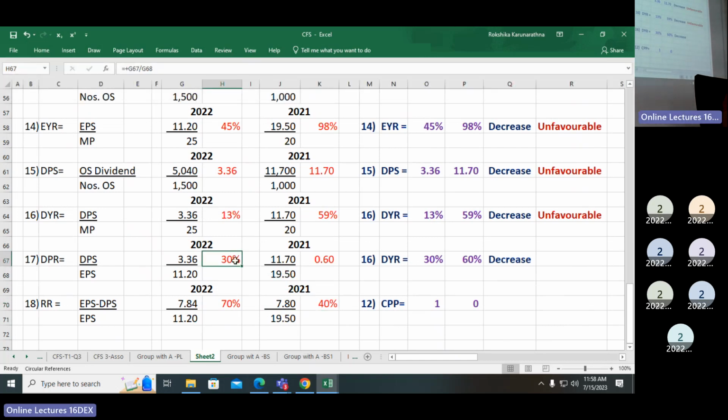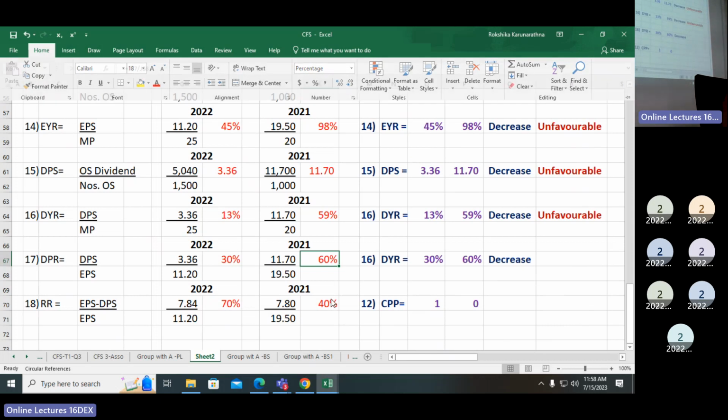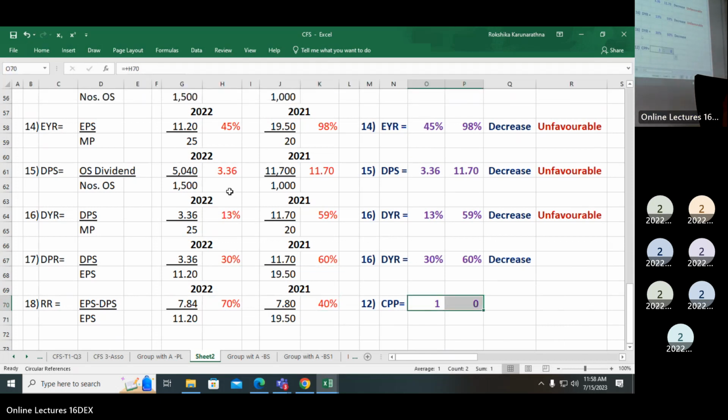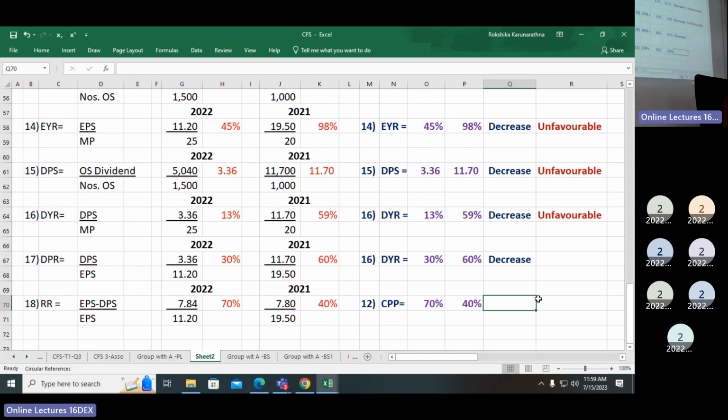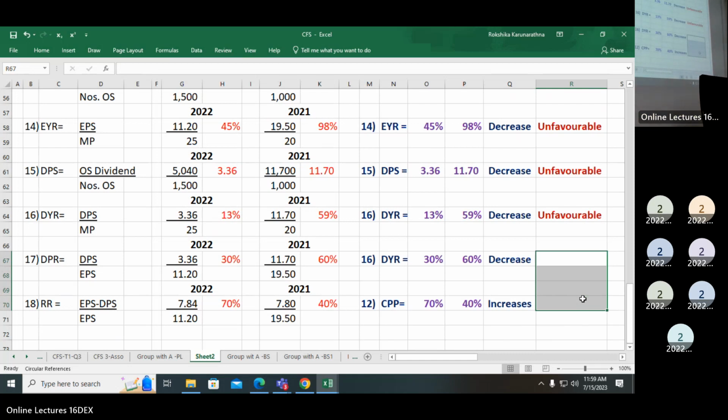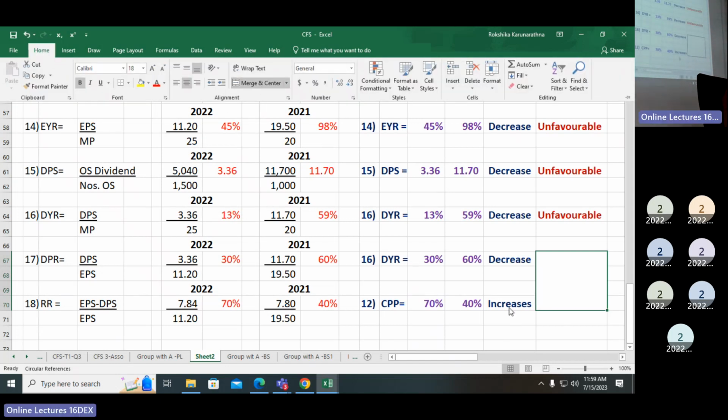Always, if earning per share is 100 and dividend payout is 30%, retention is 70%. Dividend payout 60% means retention 40%. So when the dividend payout decreases, retention increases. These two are the same ratio from two sides. Whether it is favorable or unfavorable, I will comment on both together: investor perception.